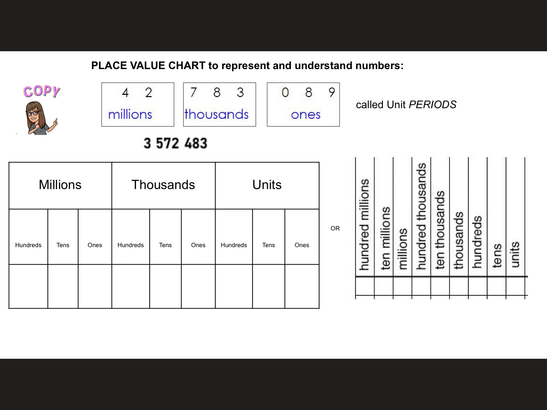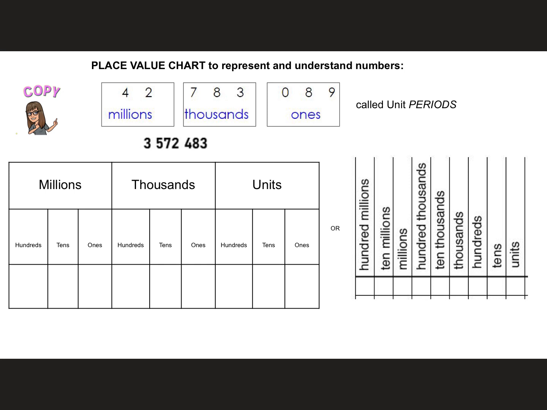Then you're going to create a place value chart so that you're familiar with how to do that. You are going to want to remember there is that pattern of the hundreds, tens, ones, hundreds, tens, ones, hundreds, tens, ones. In order to show this, this place value chart has units, hundreds, tens, ones, the thousands period, so that would mean 100,000s, 10,000s, 1,000s, the millions period, so that would mean 100 millions, 10 millions, 1 millions, and so on.